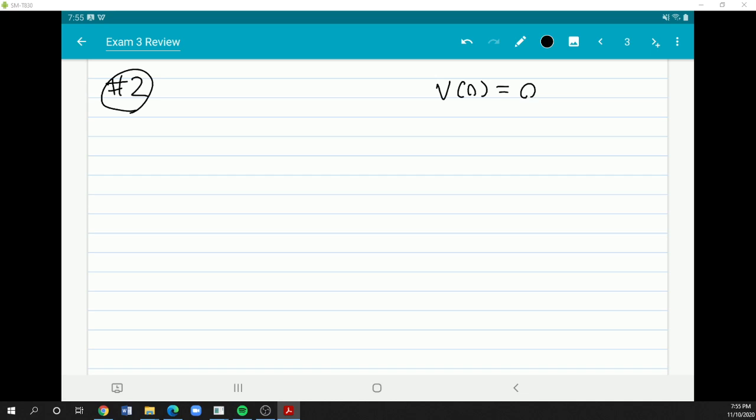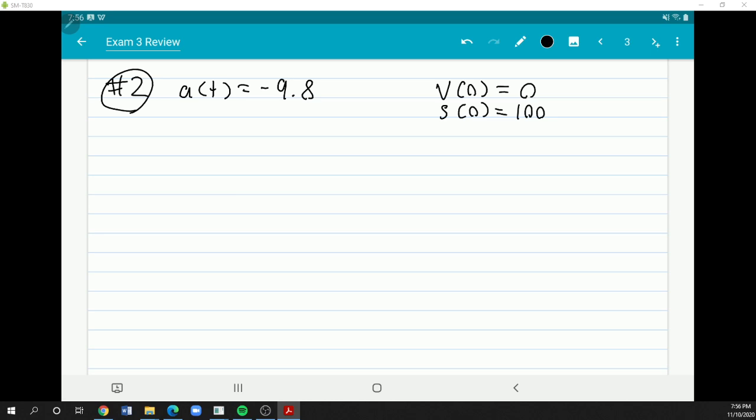Also, if the building is 100 meters tall, then that tells us the initial position is 100 meters. So it secretly gave us V0 and S of 0. It also told us the acceleration due to gravity is minus 9.8 meters per second.